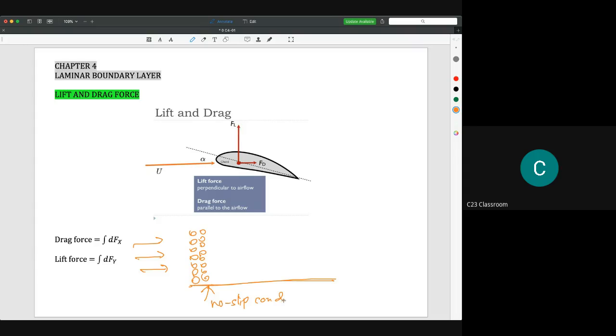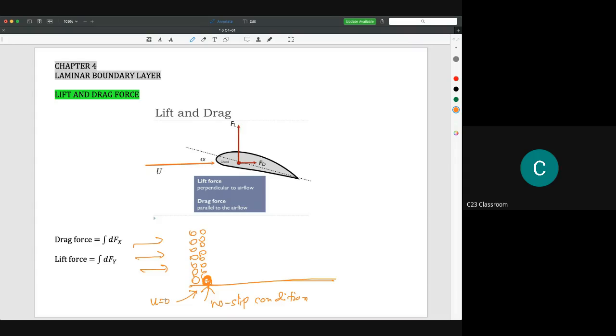So the no slip condition will make the velocity of this molecule become zero. So this molecule will stick to the surface very well, and the velocity here is now equal to zero. And then what happened?